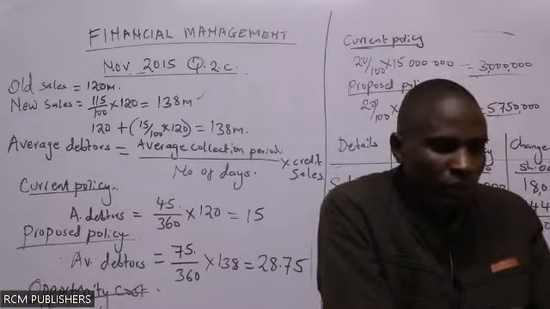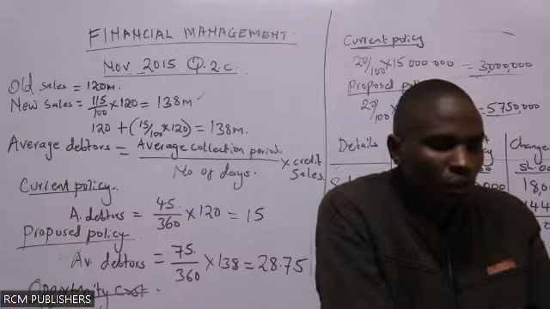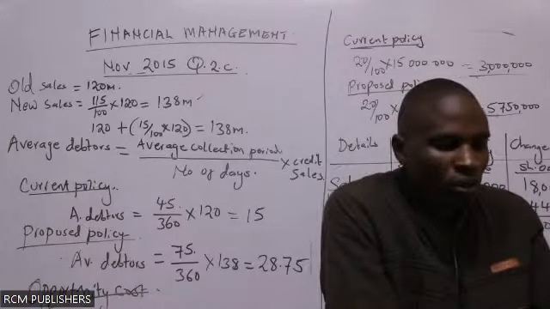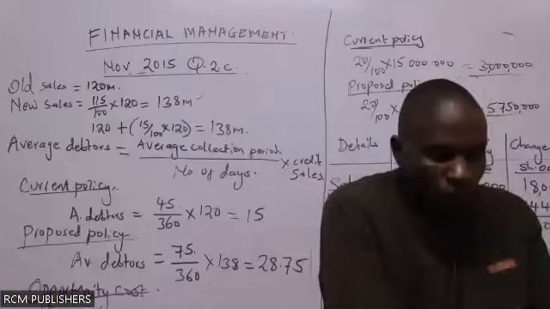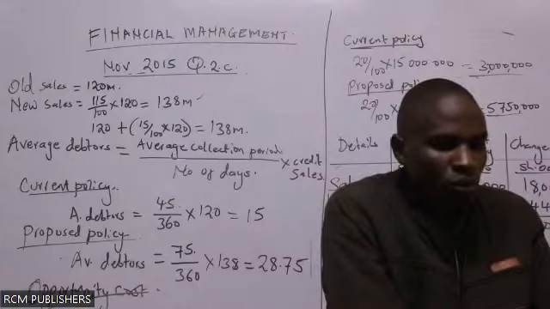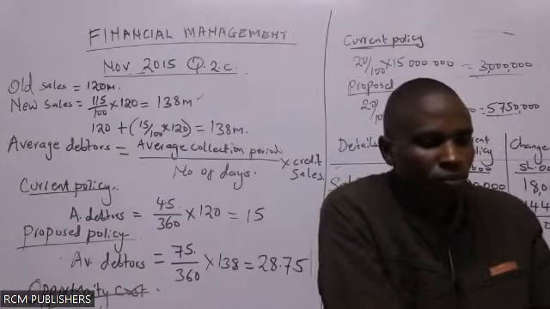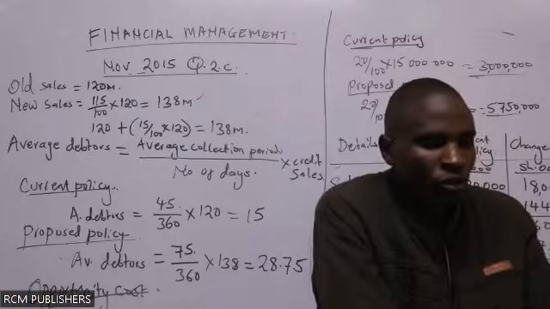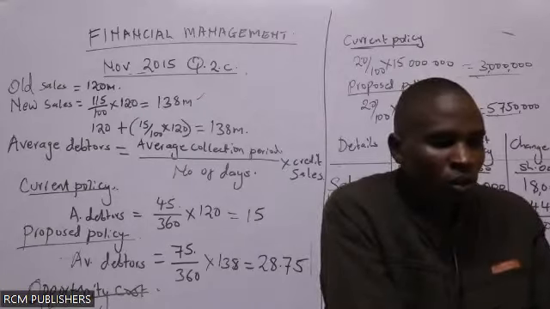The question just is how do we use the terms net 30 and net 60? A very good question from Paul.